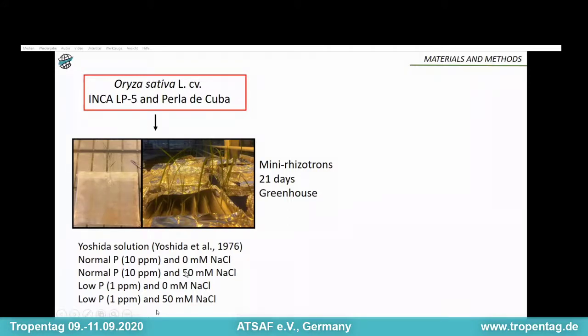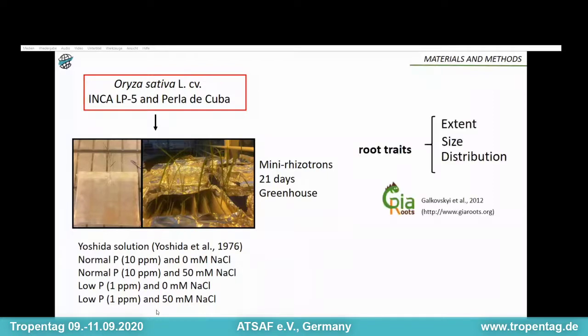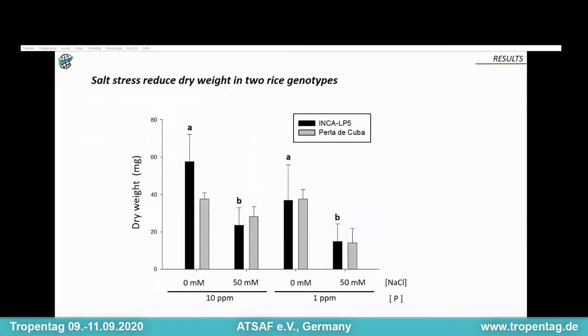After 20 days of growth, the root system was carefully placed on a scanner and analyzed with the HERE-root-free software. This software measures extent, size, and distribution traits of the root system. Also, plant biomass and phosphorus uptake were measured.